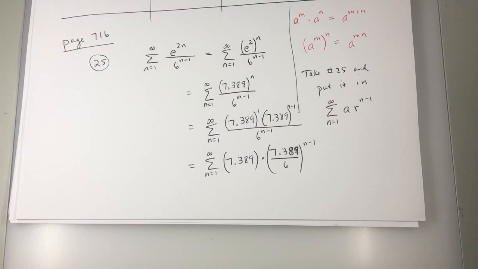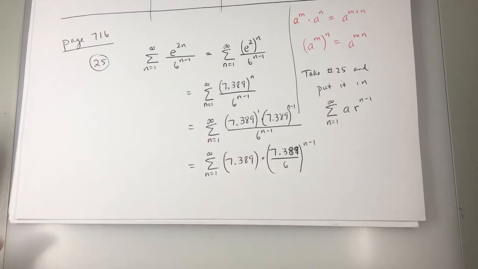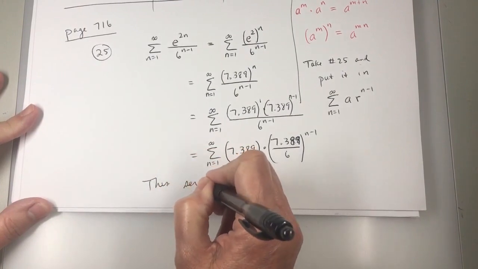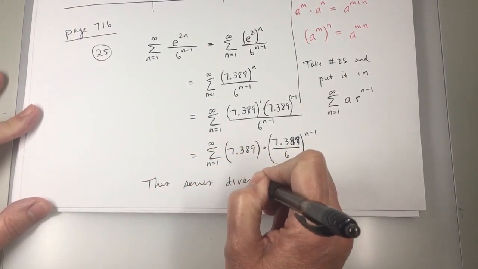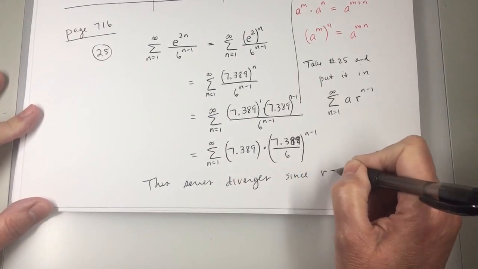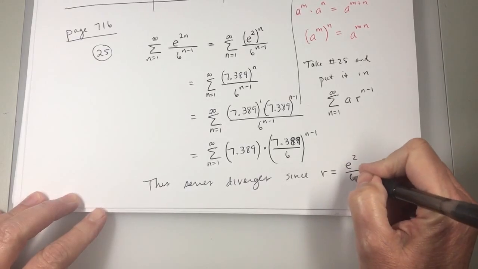So what is r? It's greater than 1. That's exactly what I need to know. R is greater than 1. In fact, if it was equal to 1, it would also do what? Diverge. This series diverges since r, now I could write again e squared over 6.